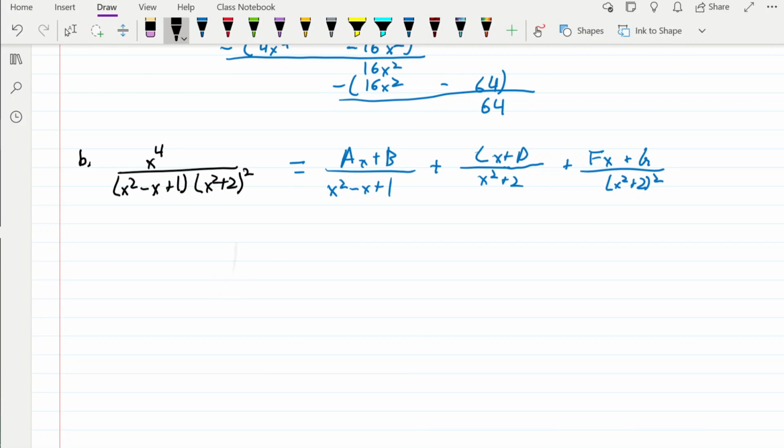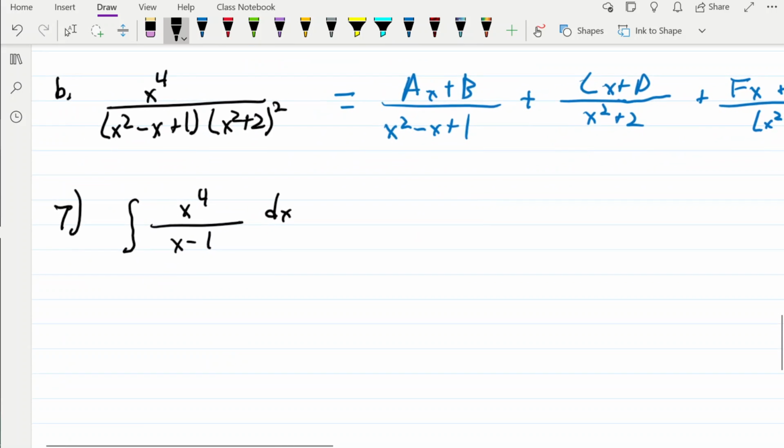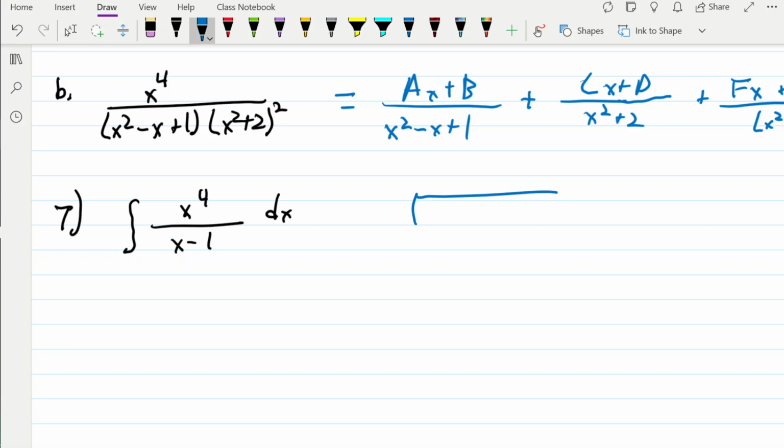Let's see, so now we got number 7, which is going to be the integral of x to the 4th power divided by x minus 1 dx. So first we're going to need to divide. So we have x to the 4th on the inside and then x minus 1 on the outside.